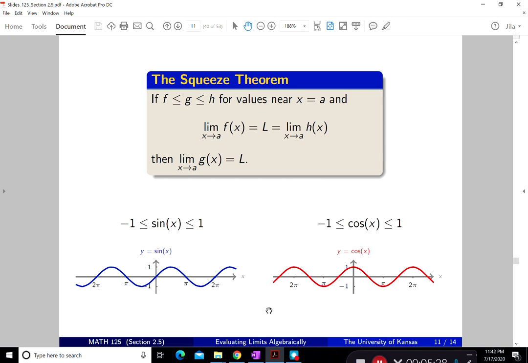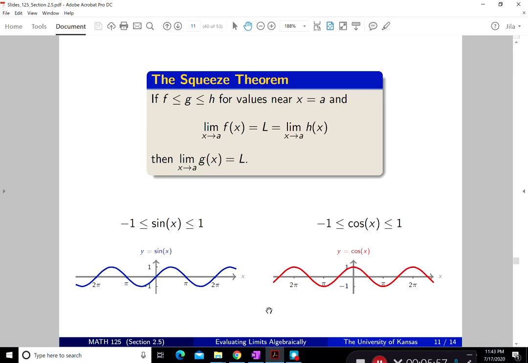So the Squeeze Theorem is: if f is less than or equal to g less than or equal to h for values near a, and the limit of f of x as x approaches a is equal to L, and the limit of h of x as x approaches a is equal to L, then the limit of g of x, the sandwiched one in there, as x approaches a is equal to L also.